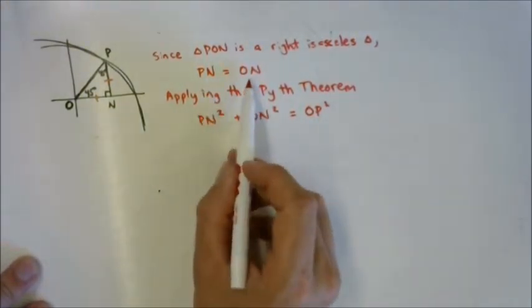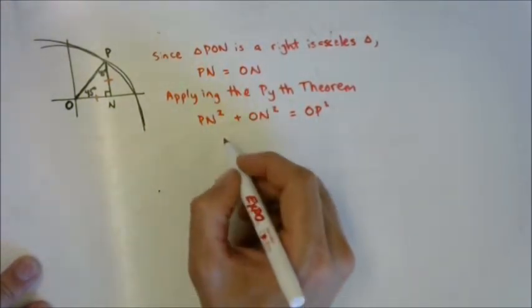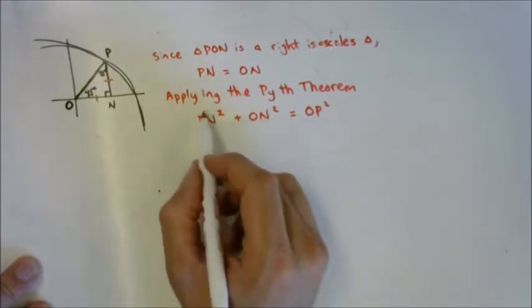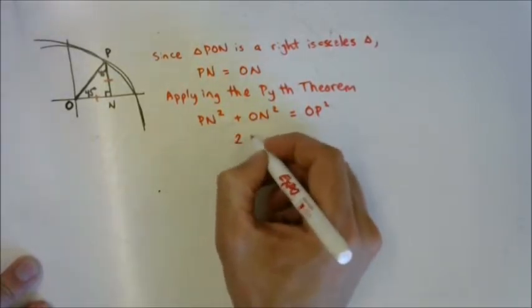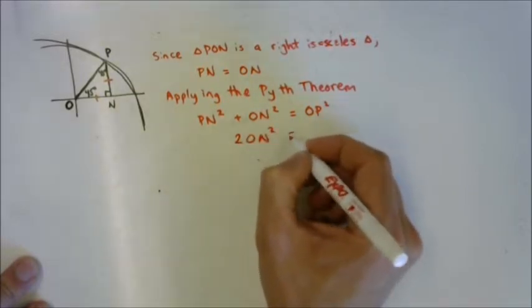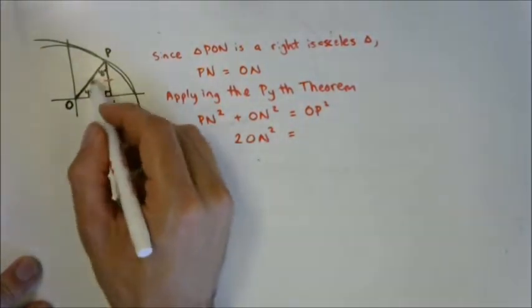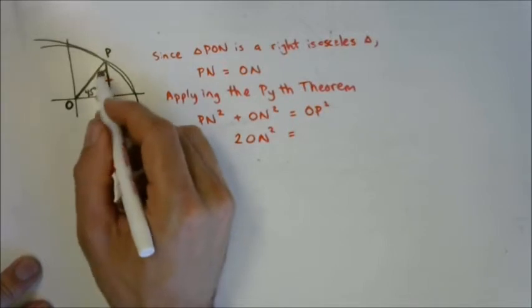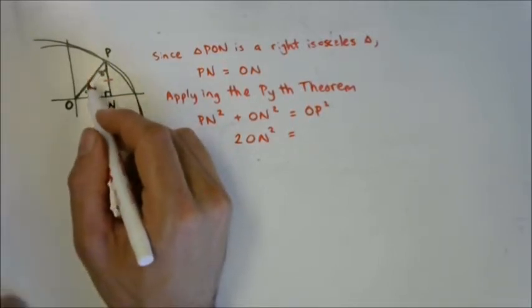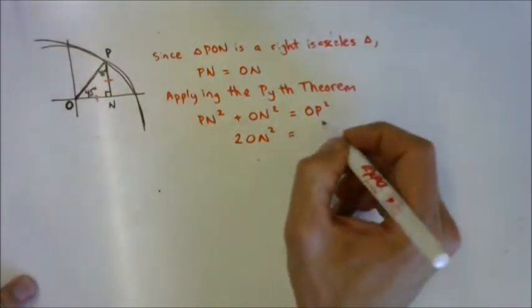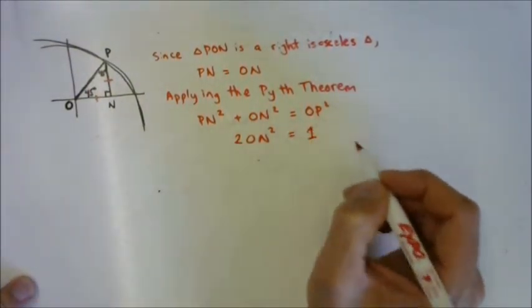Because PN is the same as ON, we can change this to ON squared plus ON squared, which is 2 ON squared. And OP is the hypotenuse in a right triangle in a unit circle, so we know that's going to have a length of 1, and 1 squared is 1.